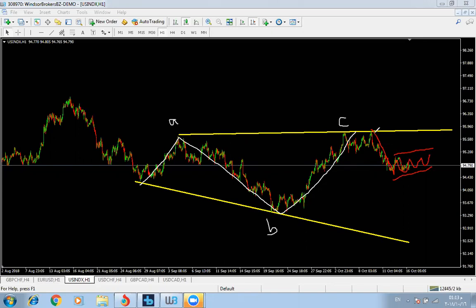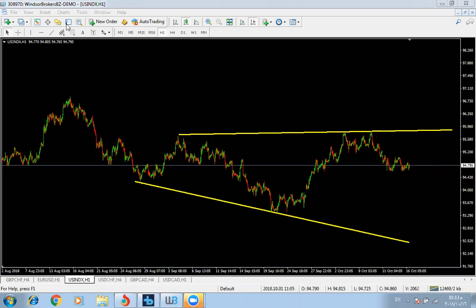So we have a really clear impulse to the downside. Then the correction is occurring currently in lower time frames. So let me show you our lower time frames so that we can understand what is happening.